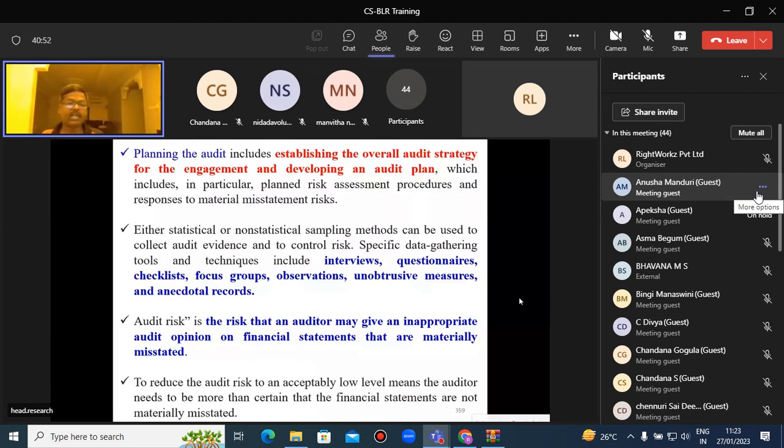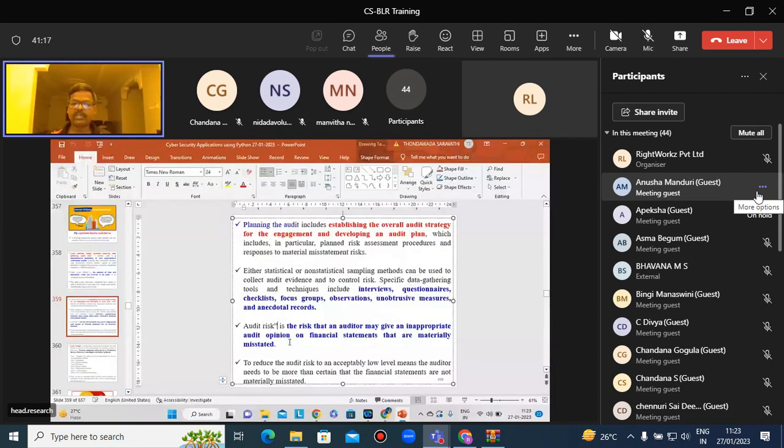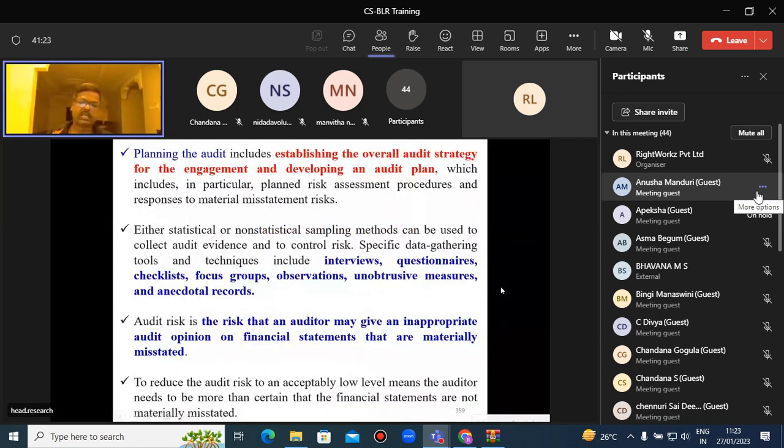Then what is meant by audit risk? Audit risk is the risk that an auditor may give an inappropriate audit opinion on financial statements that are materially misstated. Once they verify our documents, they inform us that some audit risk is present in our documents.